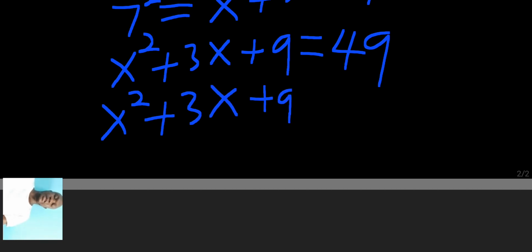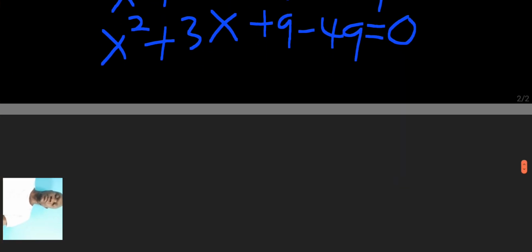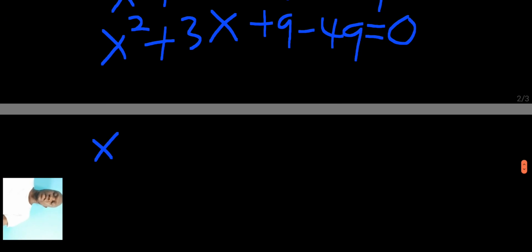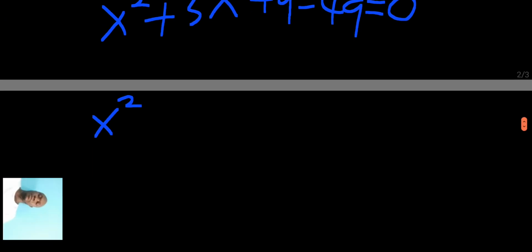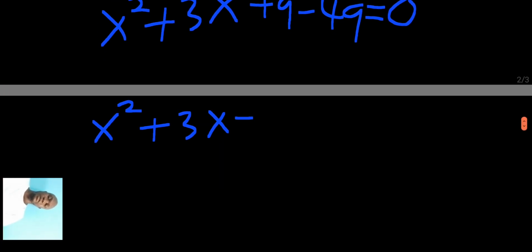So I now have s squared plus 3s plus 9 minus 49 equals 0. So I have s squared plus 3s minus 40. This will give me 0.